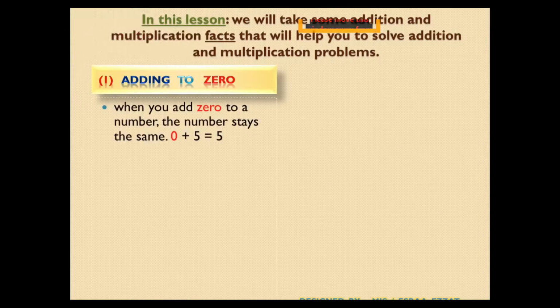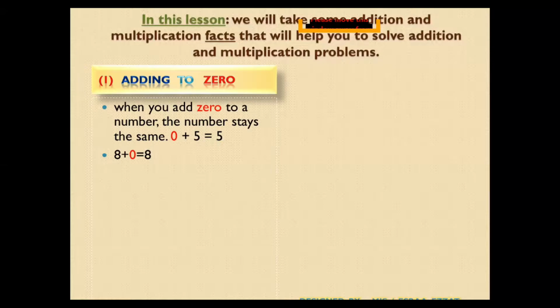When you add 0 to a number, the number stays the same. As you see in this example, when we add 0 to number 5, we get number 5 itself. We get the same number. We have another example. 8 plus 0 equals 8.